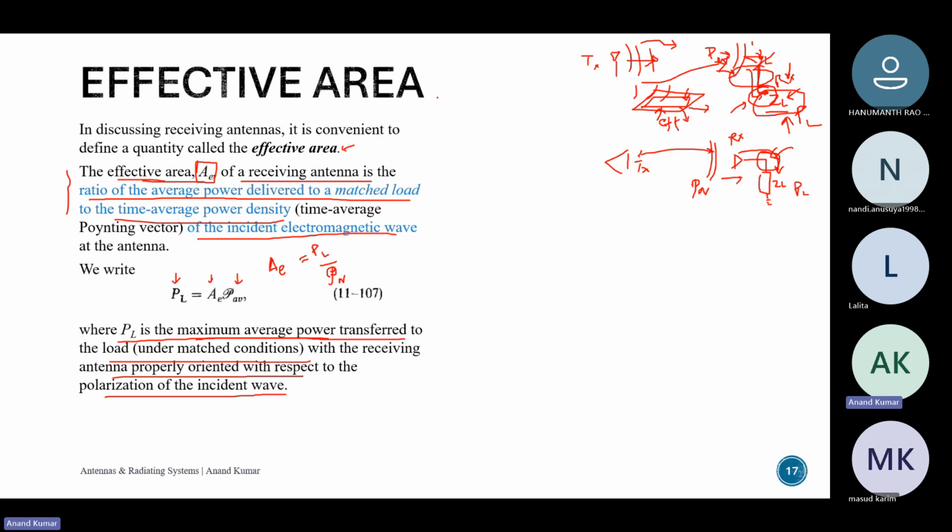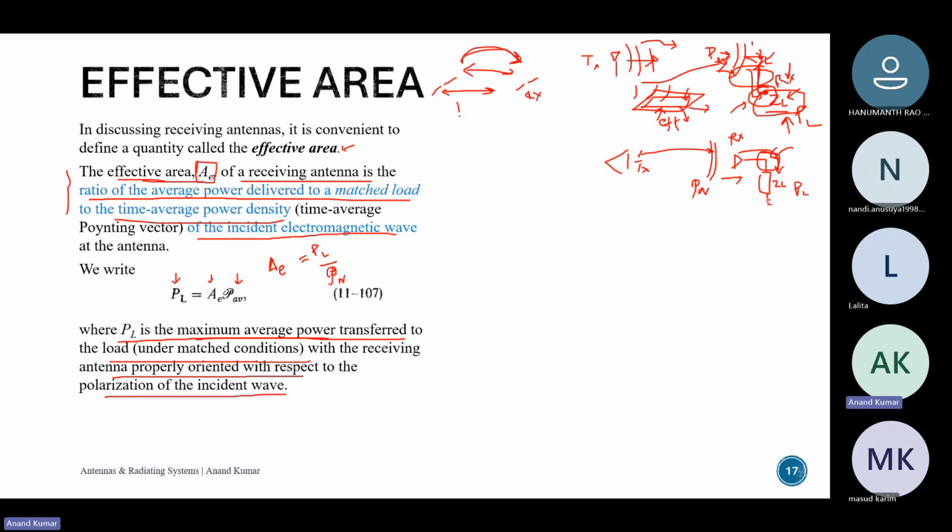So for example, if you have a dipole here and the other dipole is here, if they are correctly oriented, this is the ideal condition for the receiving dipole.